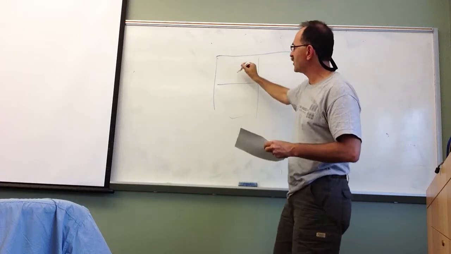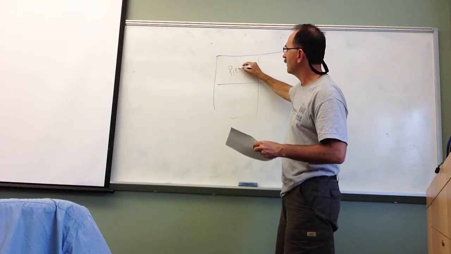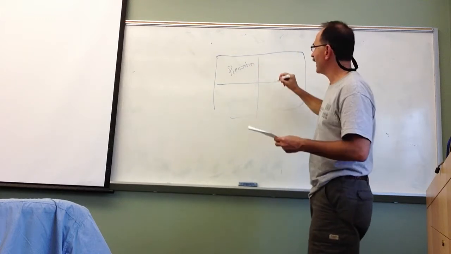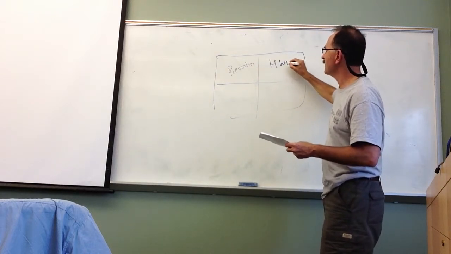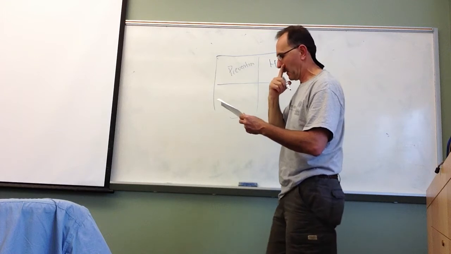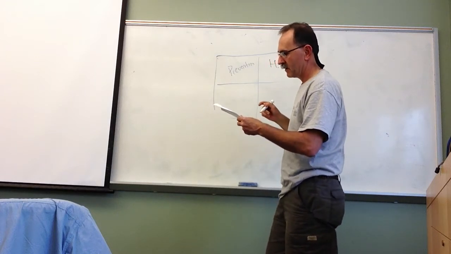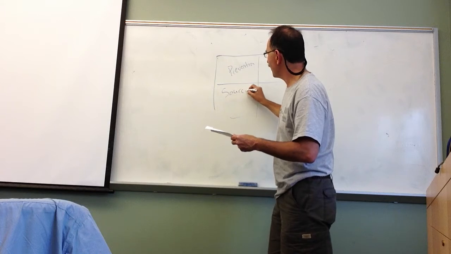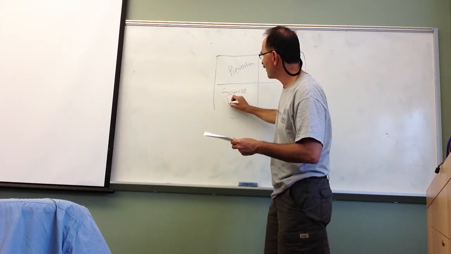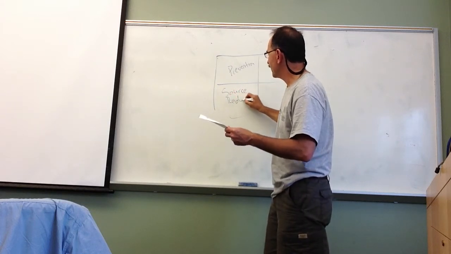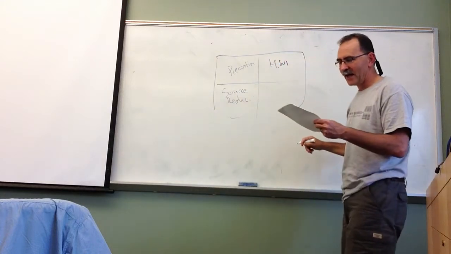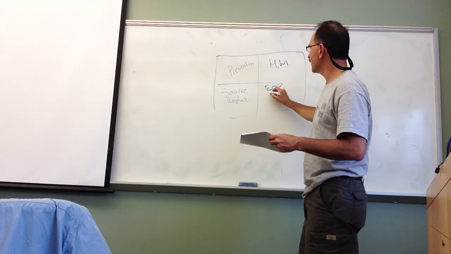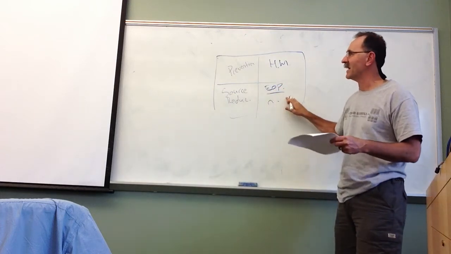One being prevention and source control, the other being hydrologic modification, the other being source reduction. I don't know the difference between source reduction and prevention really, and then end of pipe controls, and of course this is all about NPDES.